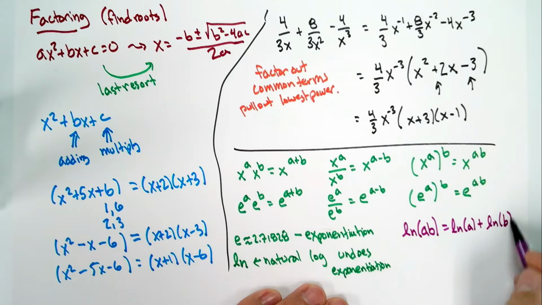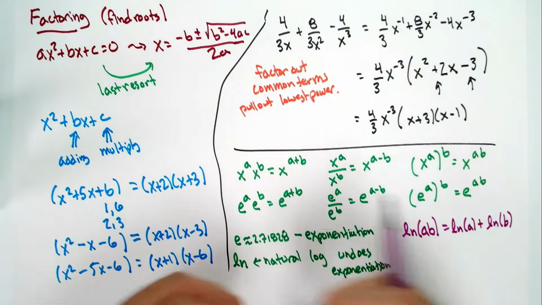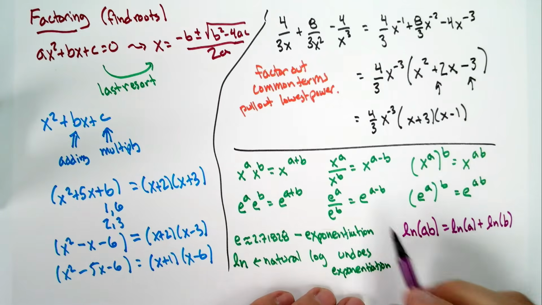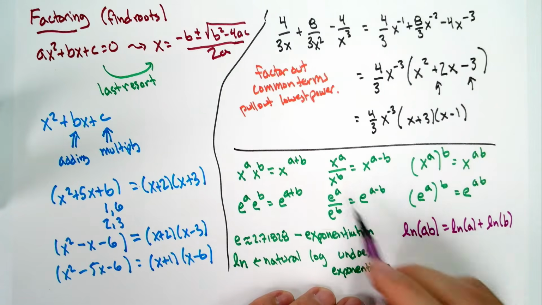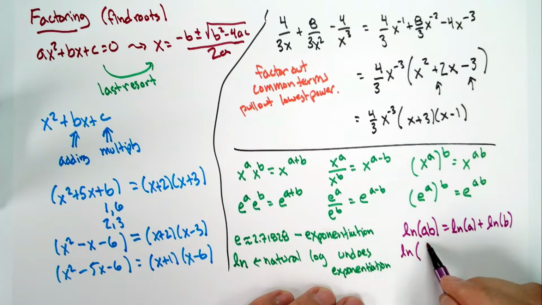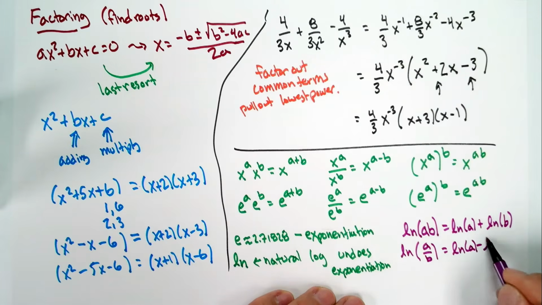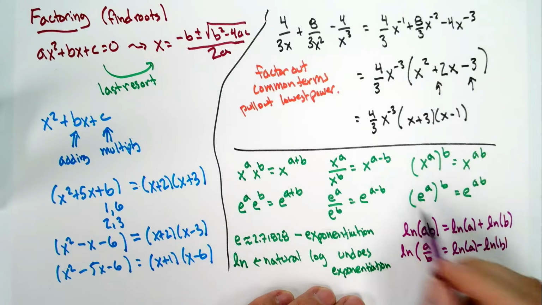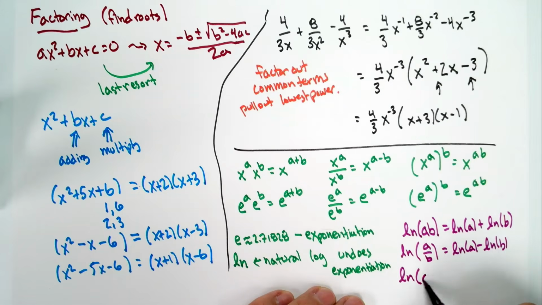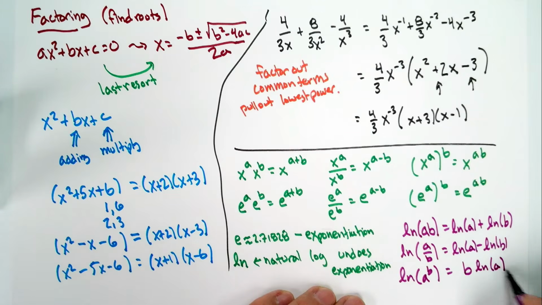So that's a nice fact. It allows us to pull things apart. This rule here tells us if we have division, it becomes subtraction. And this rule says if I have a to the b, I can bring the b down. That's b log of a.